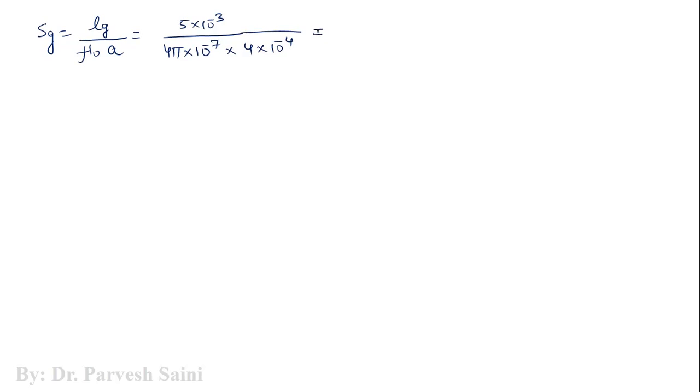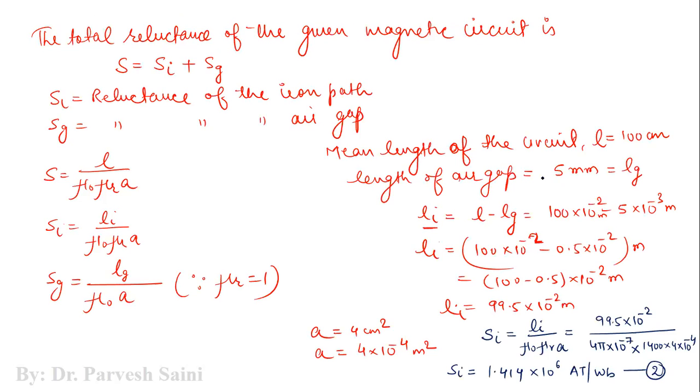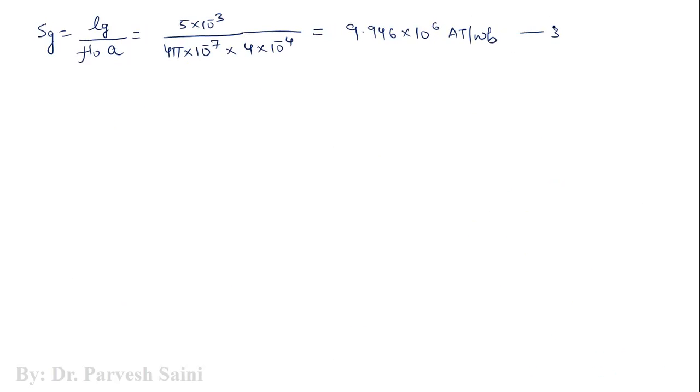So on solving this one, the value is equal to 9.946 into 10 raised to the power 6 ampere turn per Weber. So this is, let us say, equation number 3.